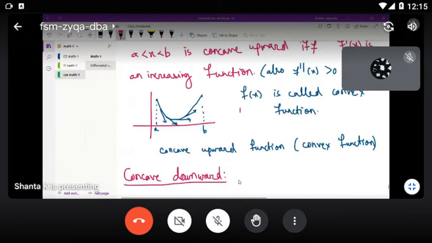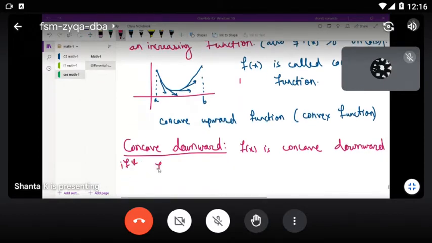So f of x is concave downward if and only if f dash x is decreasing in the interval ab.